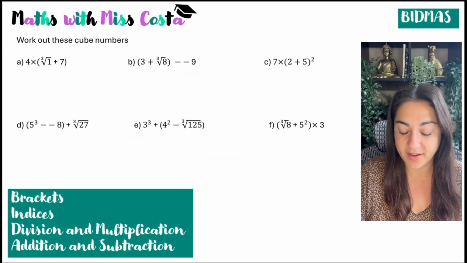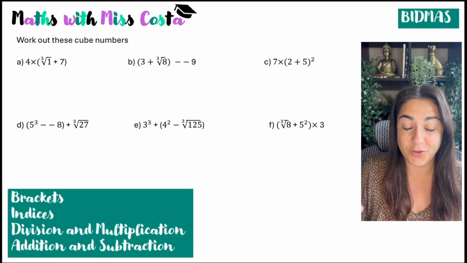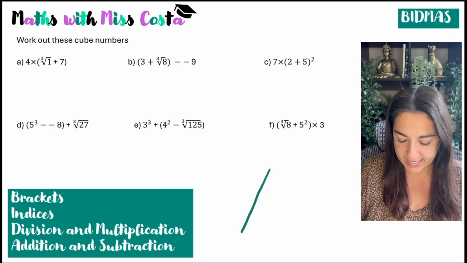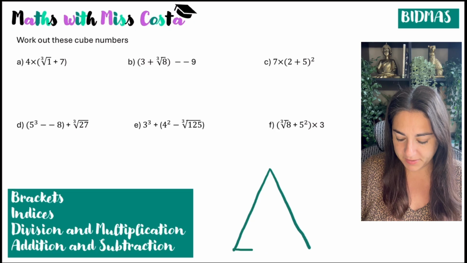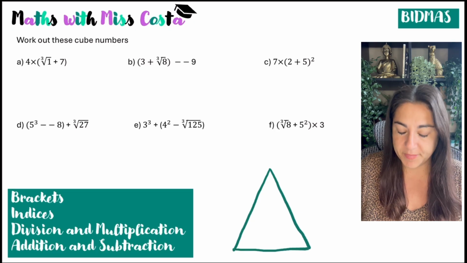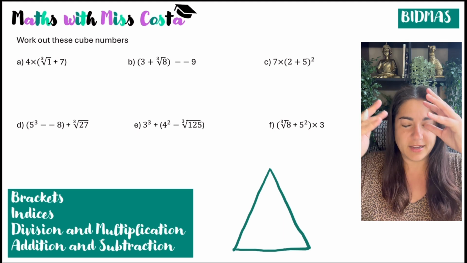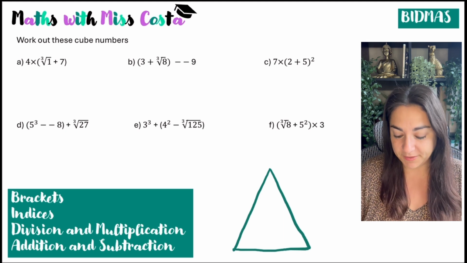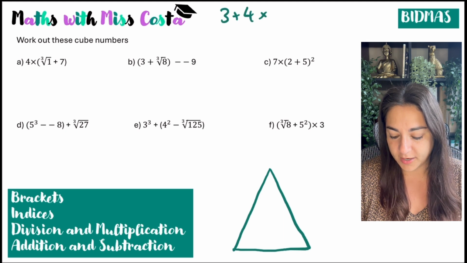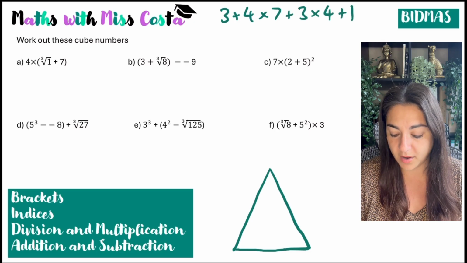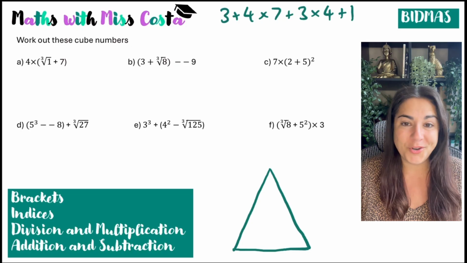Okay, and I put in a slide about BIDMAS just so that you feel super confident and we can go through this and iron out any complications. Okay, so BIDMAS is like a pyramid. Ages and ages ago, people were writing maths and getting different answers, because if you wrote 3 plus 4 times 7 plus 3 times 4 plus 1, who knows what's going to happen?